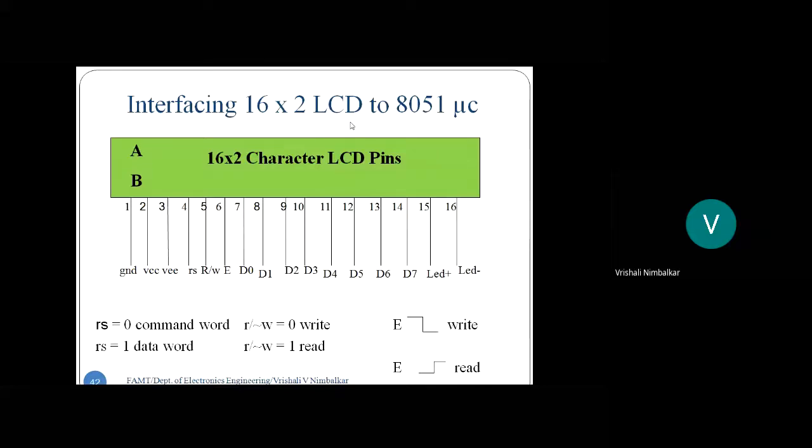So we are looking into character LCD, where A to Z and the numeric characters will be displayed. Is that fine? Now we will look into the details of the LCD and then we'll see the interfacing and its program. So specifically, we are looking into the 16x2 character LCD.